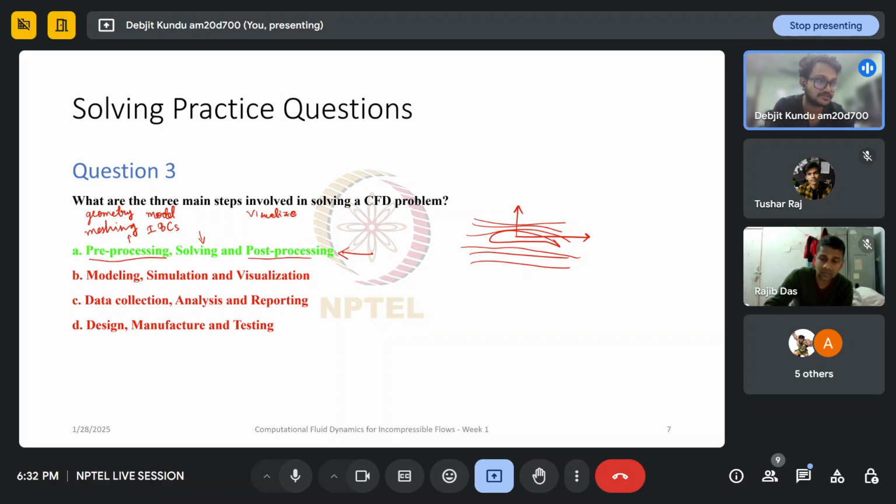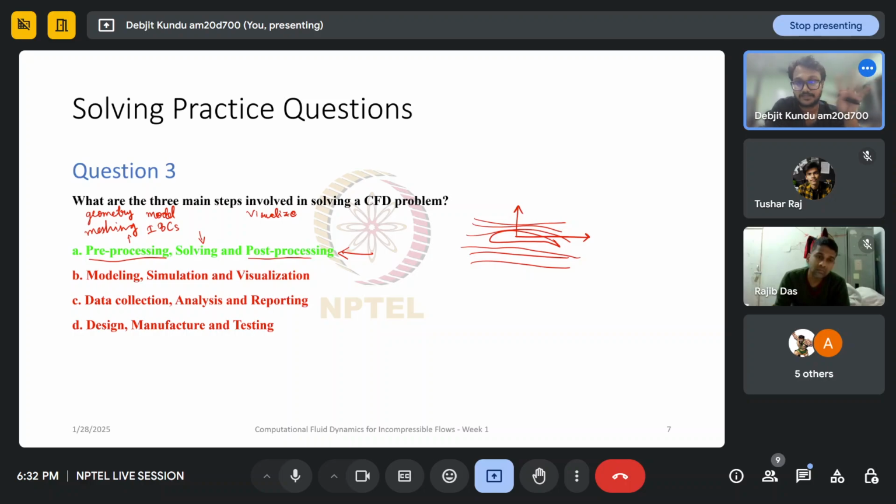In case of heat transfer, you might want to know what the gradients of temperature are. That will give you how much heat you are losing at each and every point. So answering questions like that falls under post-processing. So these are the most generic three main steps followed while solving a CFD problem.